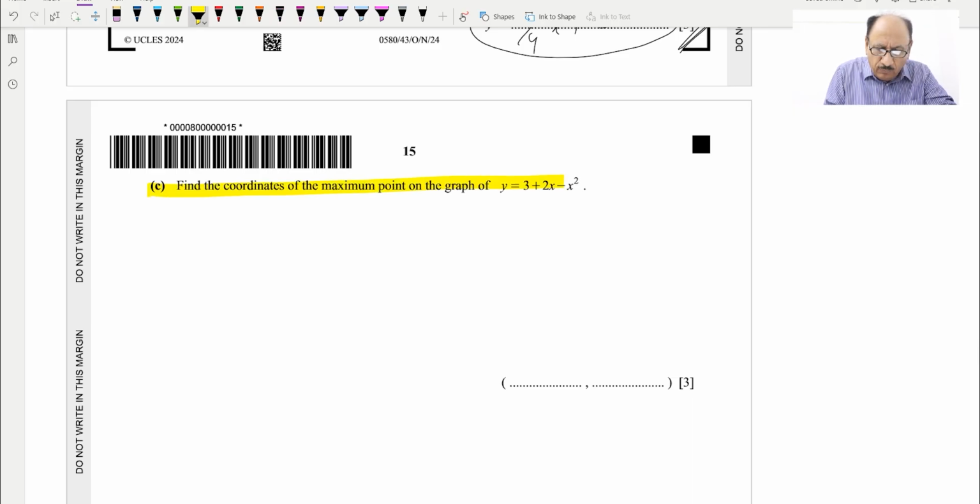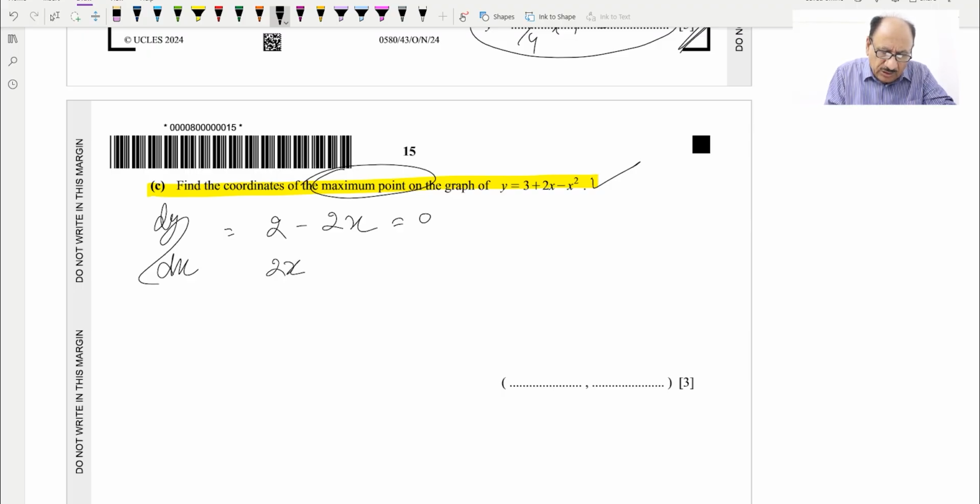Coordinates of the maximum point on the graph of this. So we know dy by dx we already found is equal to 2 minus 2x. We put it equal to 0 for the maximum point, or for the turning points we are placing. So 2x will be equal to 2, so x will be equal to 1.